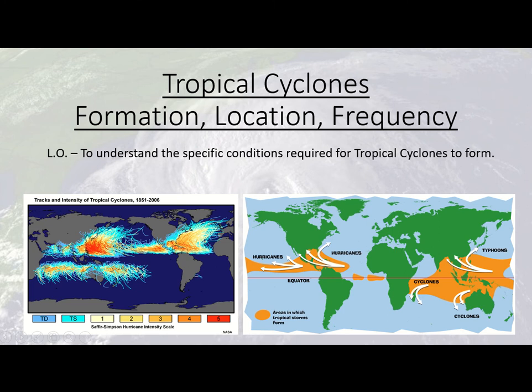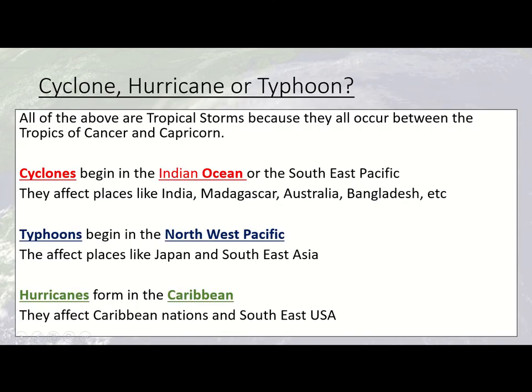Looking at more detail then, this is going to explain where geographically the different storm system names appear. A cyclone begins in the Indian Ocean or the Southeast Pacific. So if it's a tropical cyclone, a low pressure system that begins in those two geographical regions, it's called a cyclone.